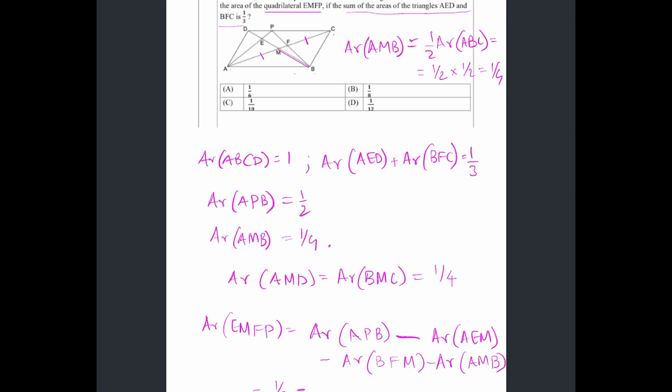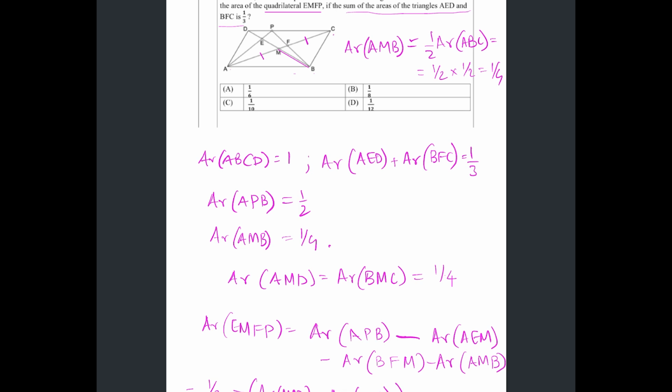So what is area of AEM? Again, this is the whole triangle AMD minus this area, so area of AEM is area of AMD minus area of AED.